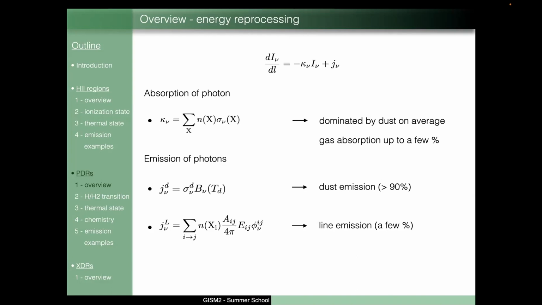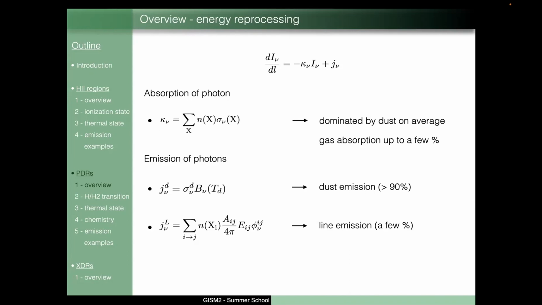Now, what about the emission coefficient? Well, if we look at all the photons that are absorbed by dust, then only a fraction of these photons will lead to a photoelectric effect, so a fraction of the photons absorbed will be transferred, in fact, to the gas and heat the gas through the photoelectric effect, okay?